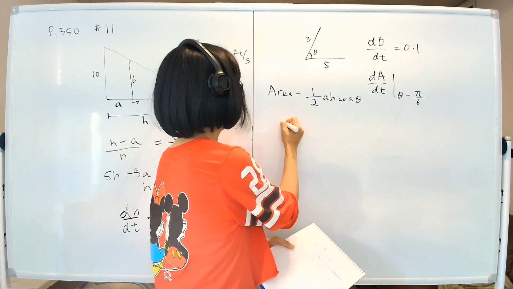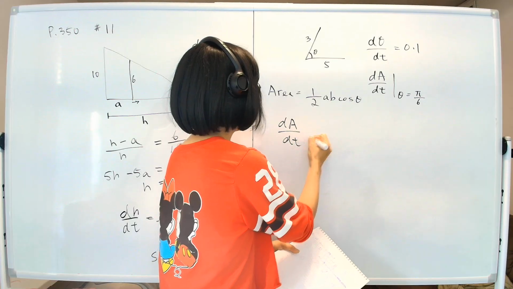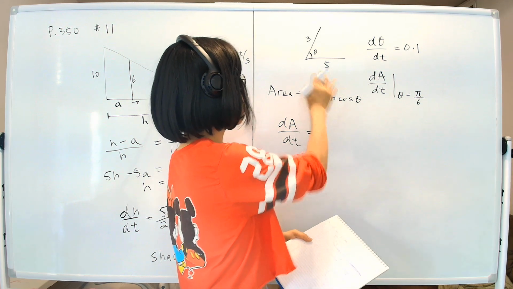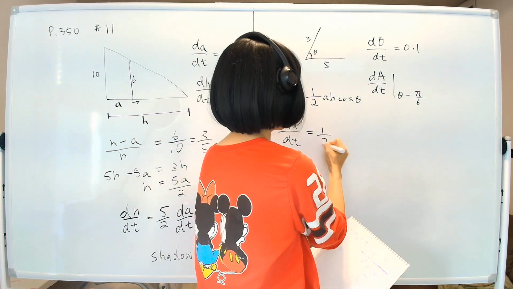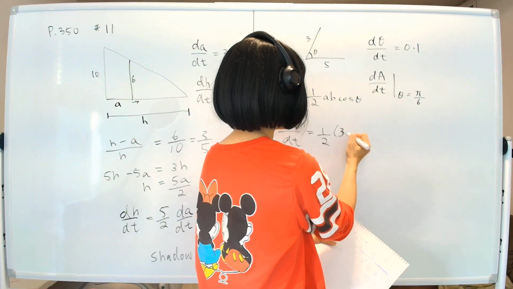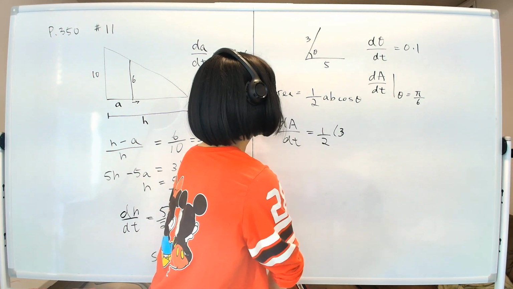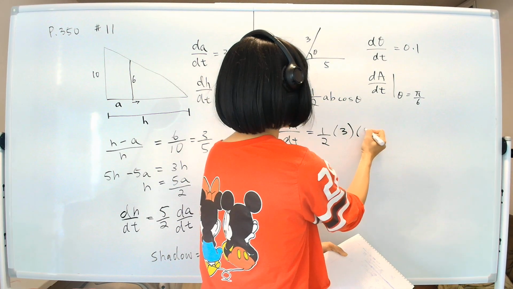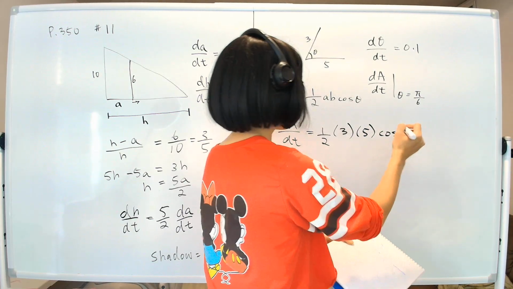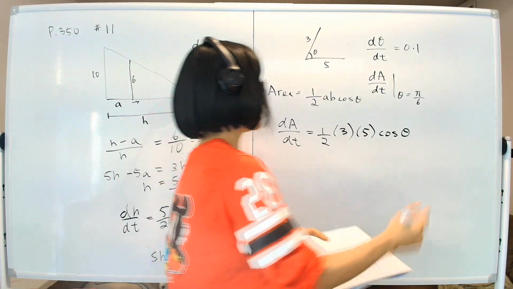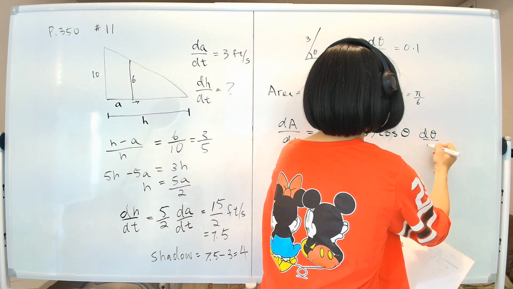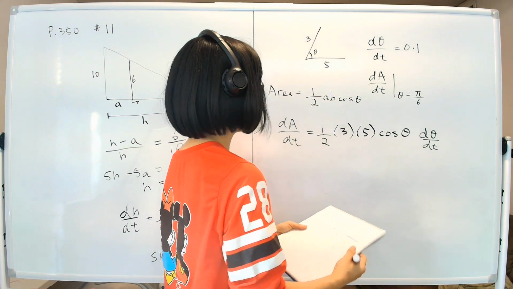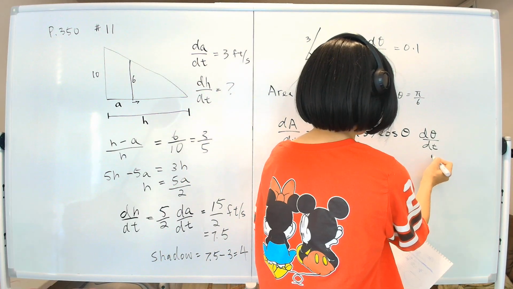So dA by dt equals, A and B in this formula are constant, so we can just write down the numbers. 1/2, 3 times 5, and then cosine of theta, times d theta by dt, where this is to be evaluated at d theta by dt is 0.1, okay?